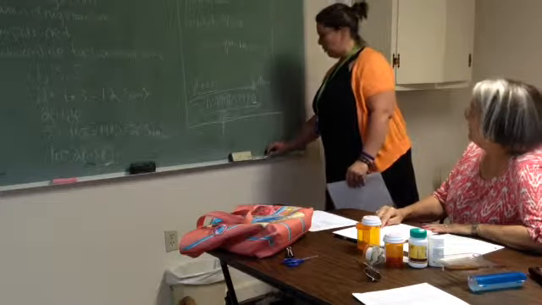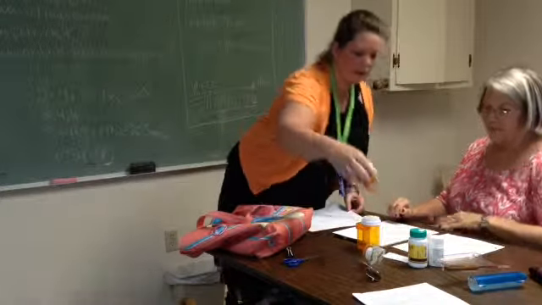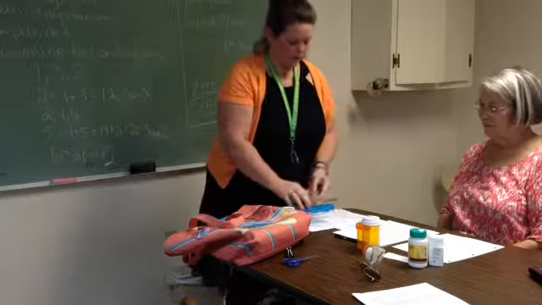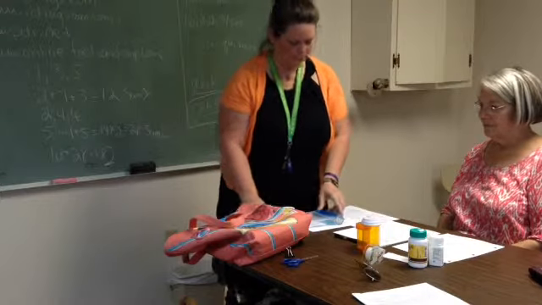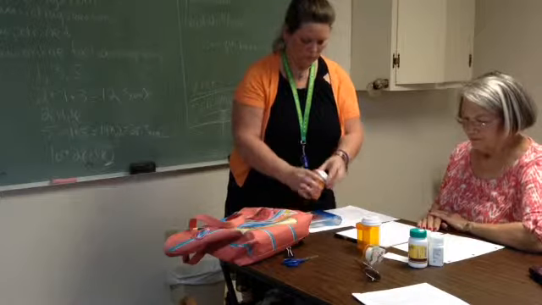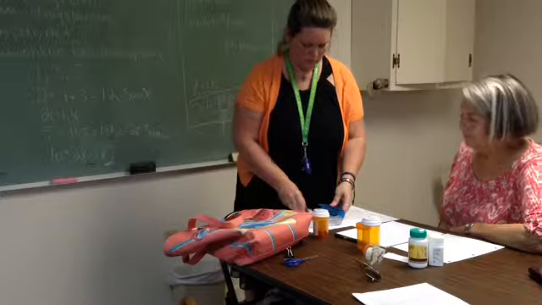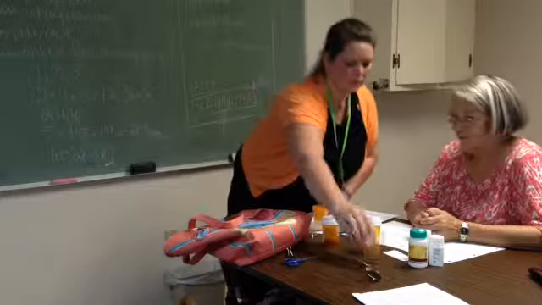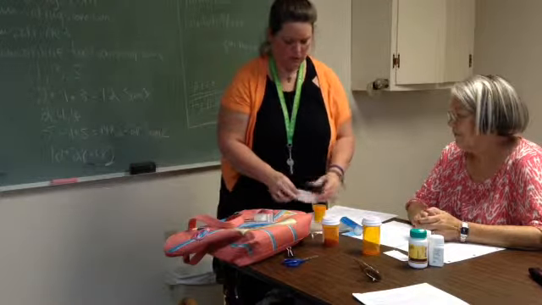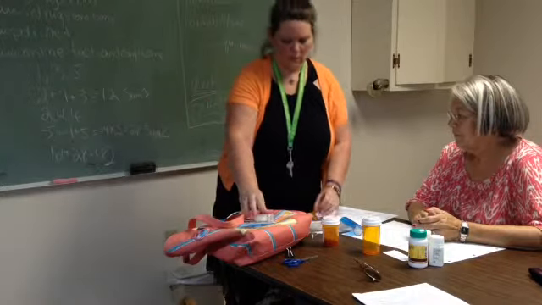The next thing we have to do is take our prescription and find our Lortab. We have to get our counting tray. We fill in our label, and then we attach our label to our vial.